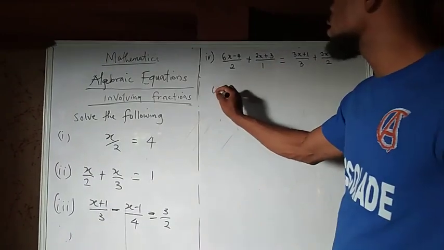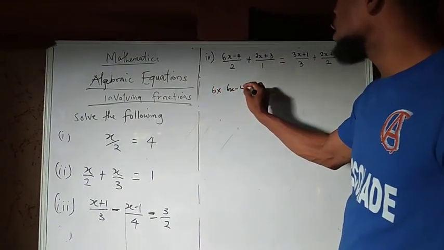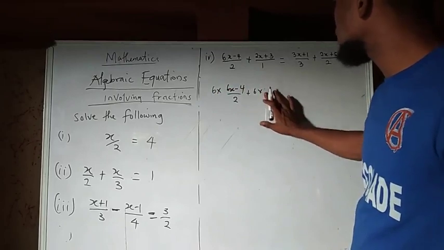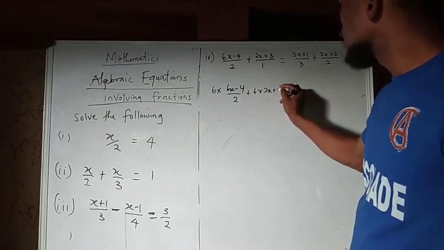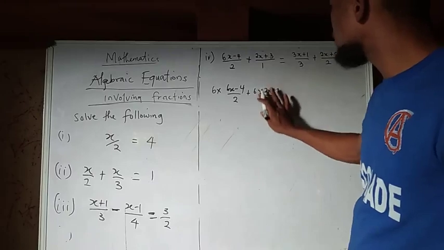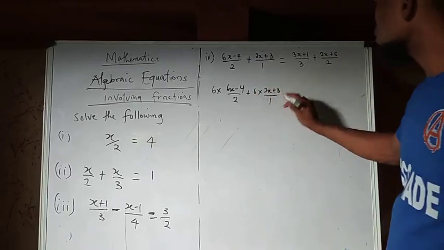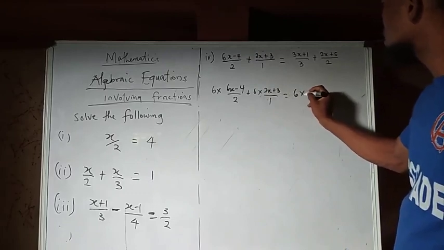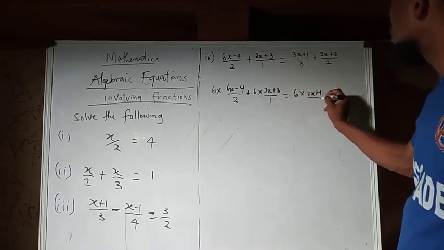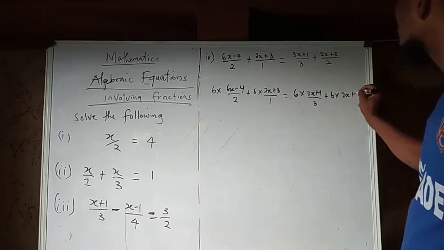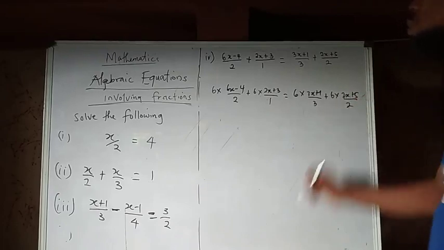So we are going to get 6 times (6x minus 4) over 2 plus 6 times (2x plus 3) over 1 equals 6 times (3x plus 1) over 3 plus 6 times (2x plus 5) over 2.